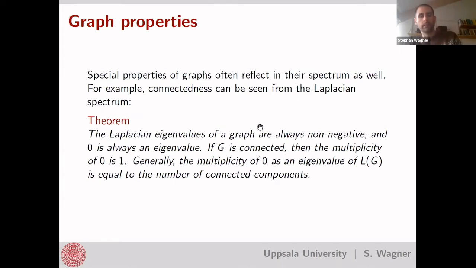And that's a result of this theorem, which tells us that the Laplacian eigenvalues are always non-negative. We saw that in the example. 0 is always an eigenvalue, but more than that, if G is connected, then 0 is a simple eigenvalue. It's got multiplicity 1, and generally the multiplicity of 0 as an eigenvalue is precisely the number of connected components. So if you look at the Laplacian spectrum, you can just count the zeros, and that tells you how many connected components there are. In particular, if there is only one zero, you know the graph is connected.